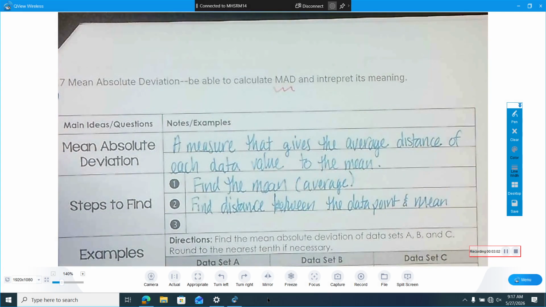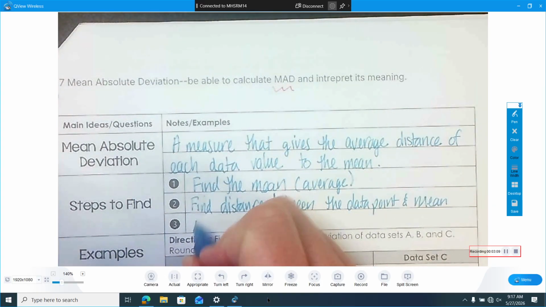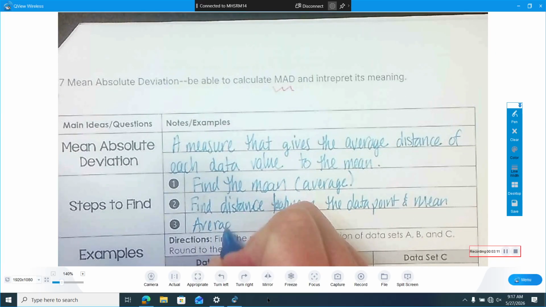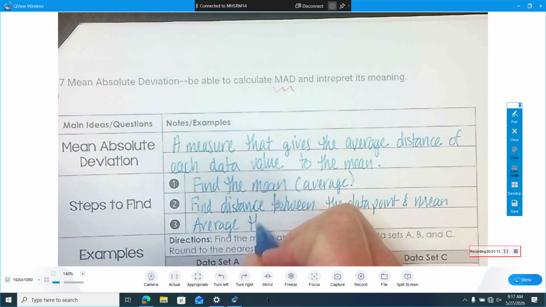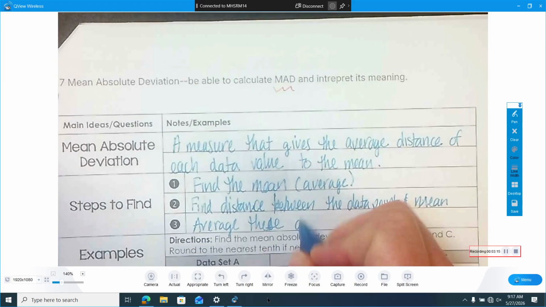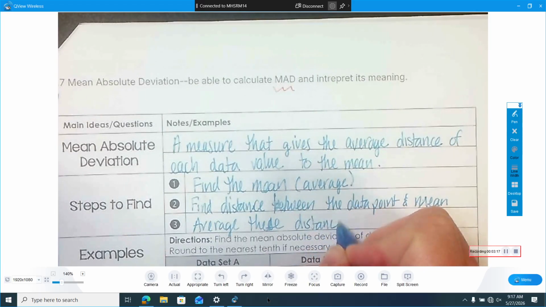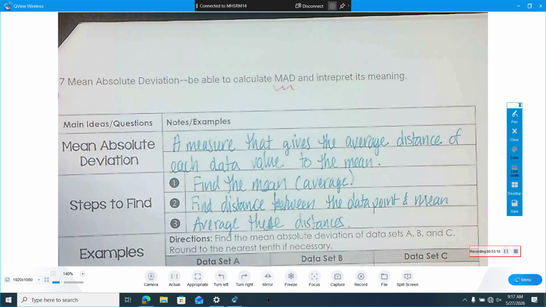We want to find the distance between those two values and then average these distances. Mean absolute deviation, or mean absolute distance, is another way to think about it. Average these distances. So there's a couple of steps here, but it's not too bad.